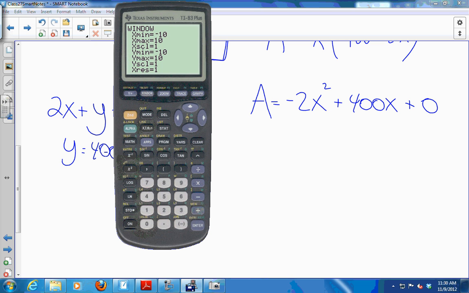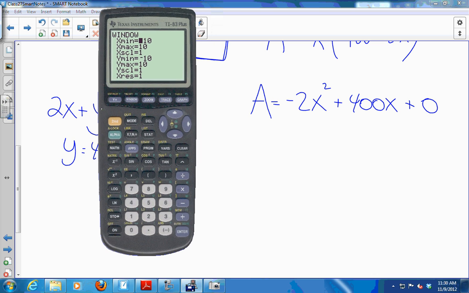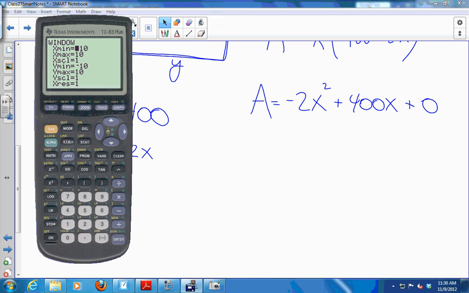Now for a window, what's the smallest we would make x? Well, think about what it's representing. It's the length of a side of a corral, right? 100? Sure.